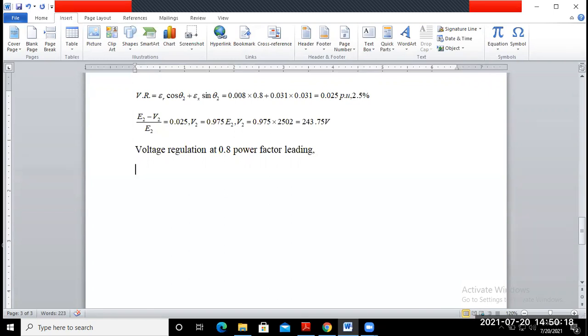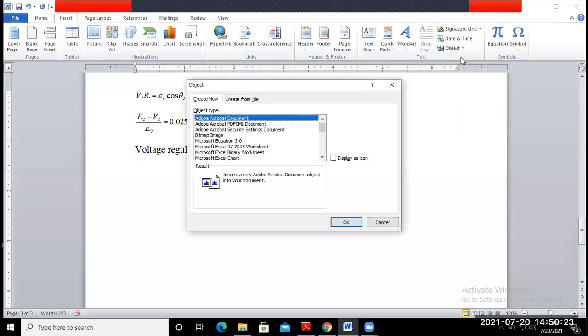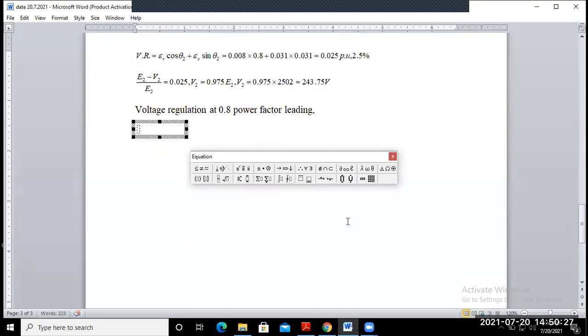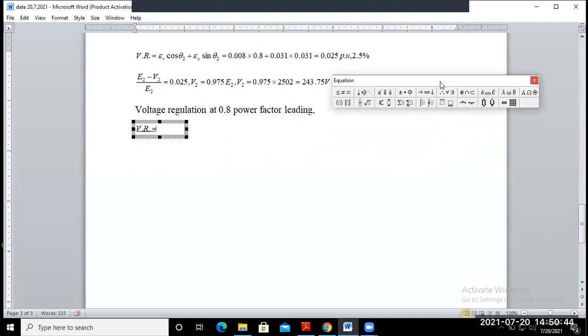So just write here voltage regulation, that is represented by VR, equal to epsilon r cos theta 2 minus epsilon x sin theta 2.